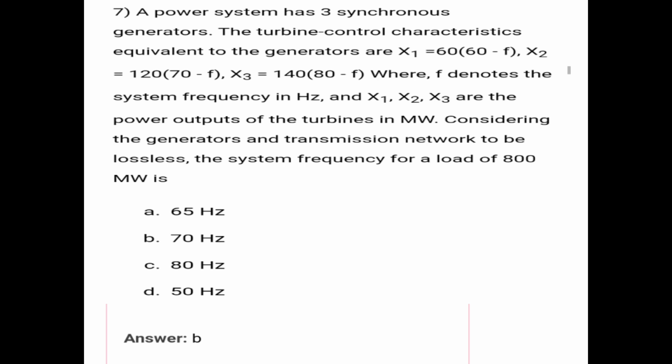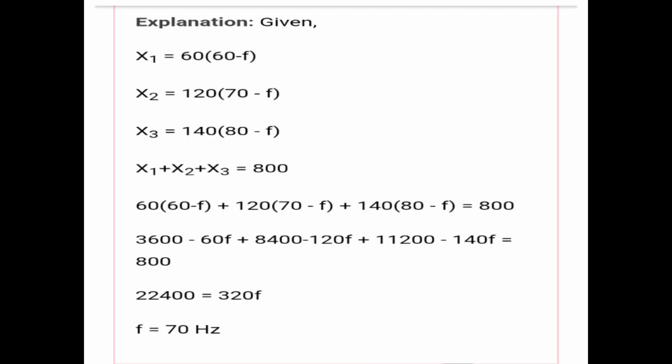So how do we solve this problem? The explanation is that x1 is 60(60 - f), x2 is 120(70 - f), and x3 is 140(80 - f). So x1 + x2 + x3 = 800, which is given.